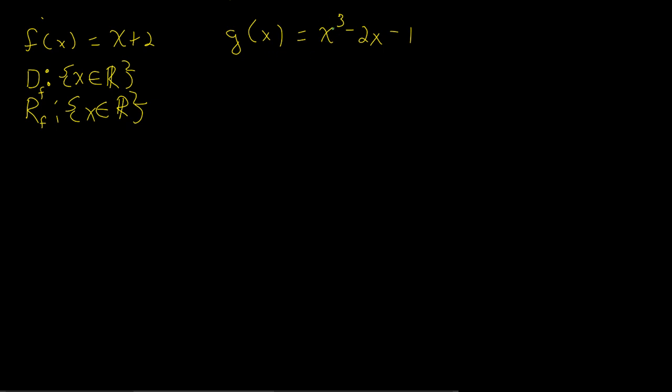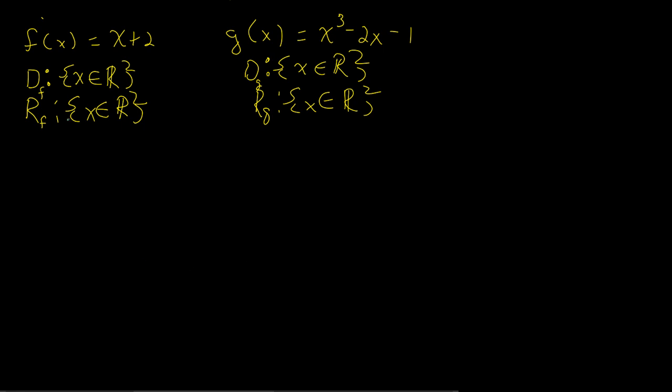Now, this is an odd function with a positive leading coefficient. So it starts at negative infinity and ends at positive infinity. There's no restrictions on it, so its domain covers all real numbers, and its range covers all real numbers. So we have no domain restrictions that are going to work out on us.